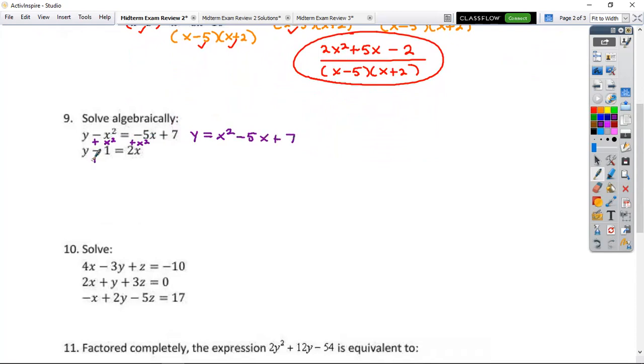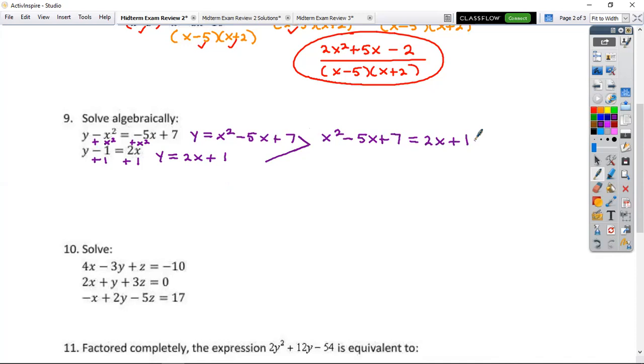And I'm going to add the 1 over and get y is equal to 2x plus 1. When they are both equal to y, you can set them equal to each other. So I'm going to take this one and this one and go x squared minus 5x plus 7 is equal to 2x plus 1.